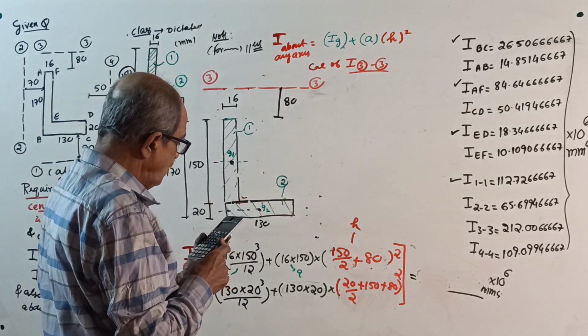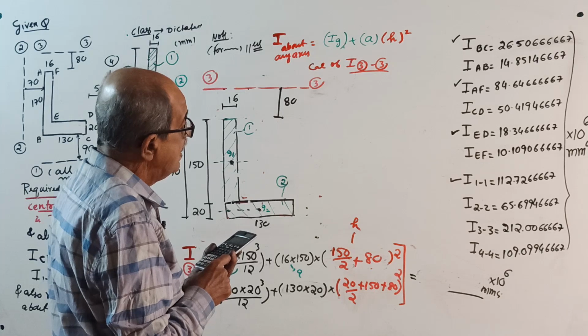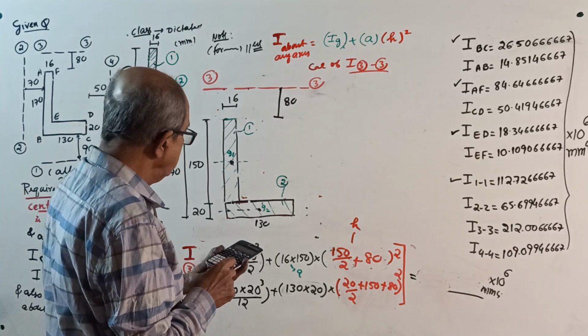I am getting how much? Divided by 10 to the power 6, 159. I 3, but it is 212 there.